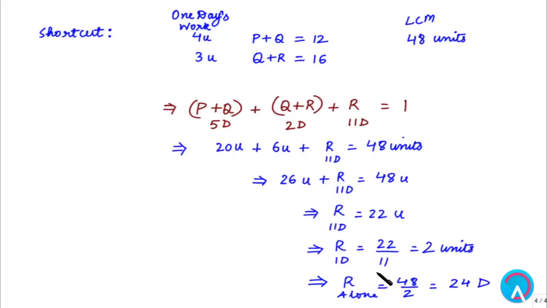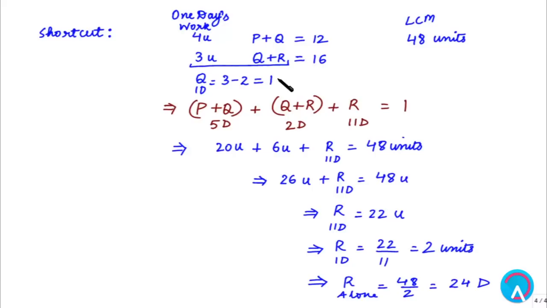So now it becomes very easy. We found out that R's 1-day work is 2 units and Q plus R's 1-day work is 3 units. So if we subtract R's 1-day work from this, we will get Q's 1-day work. So Q's 1-day work will be 3 minus 2, which is equal to 1.